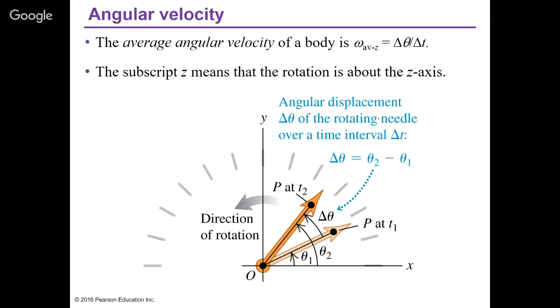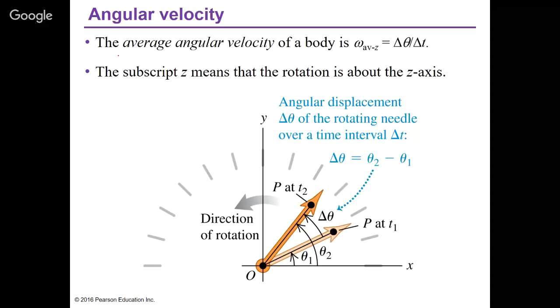All right, the next topic would be angular velocity. When we were talking about linear motion, we have displacement that has an SI unit of a meter, and then we talk about the velocity or speed, which is the time derivative of the displacement. When we're talking about angular velocity, it would be the same thing.